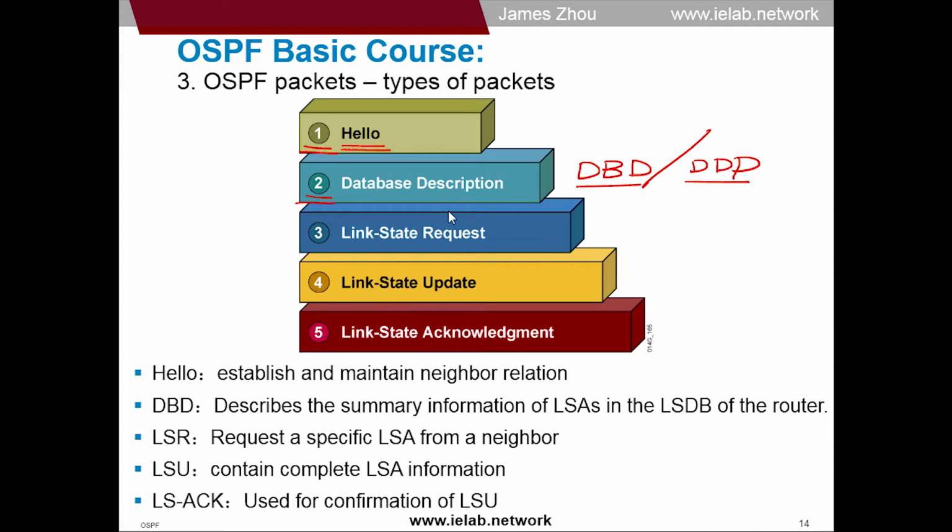Type 3 is LSR. R means request. It is used to request a specific LSA from the neighbor. Type 4 is LSU. U means update. An LSU contains complete LSA information.